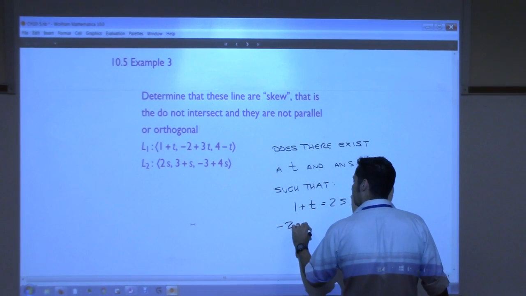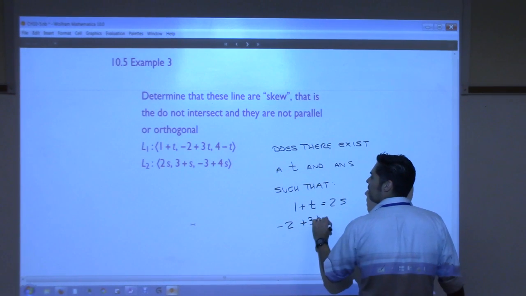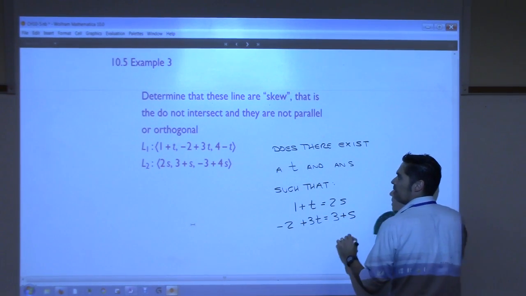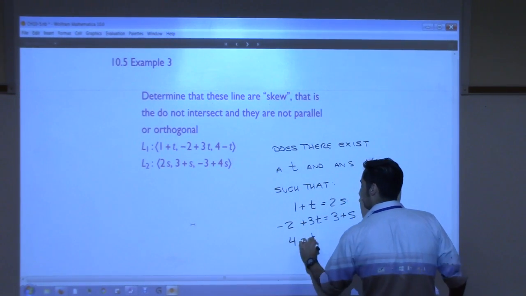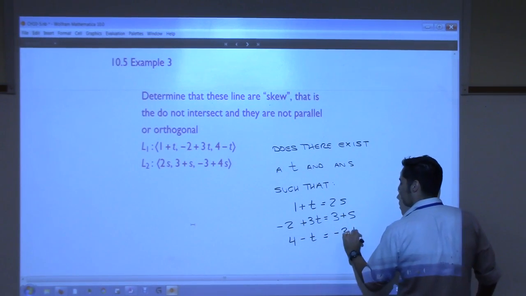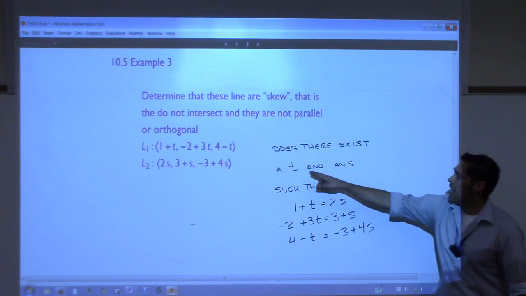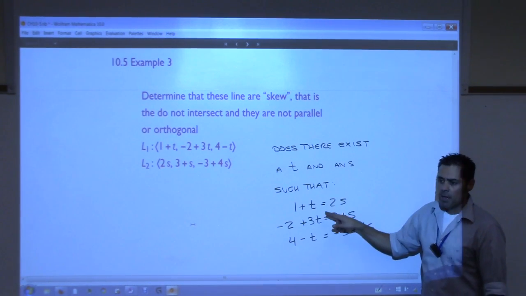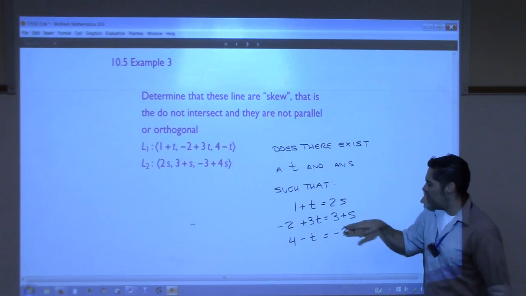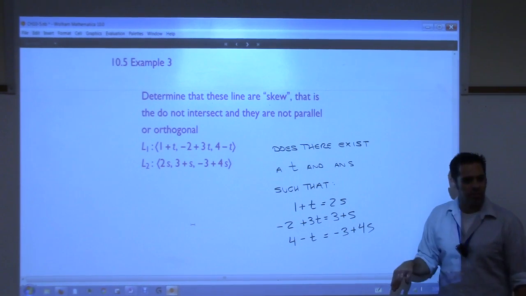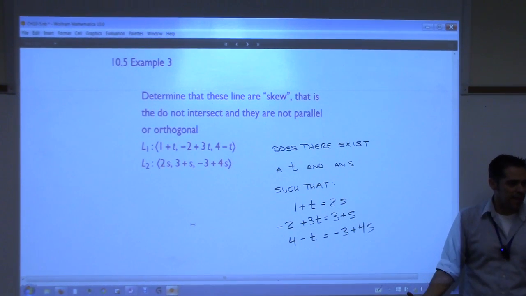Negative 2 plus 3t equals 3 plus s. And 4 minus t equals negative 3 plus 4s. Are you going to be able to find a t and an s that make this true at the same time this is true, at the same time this is true? Do you agree then that the x, y, and z components would match?